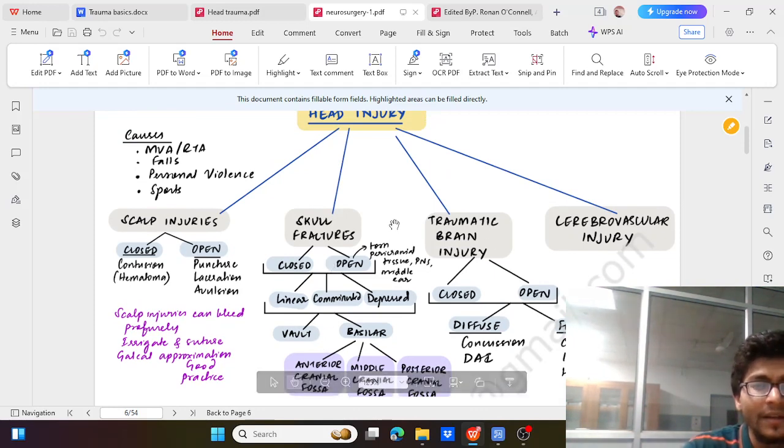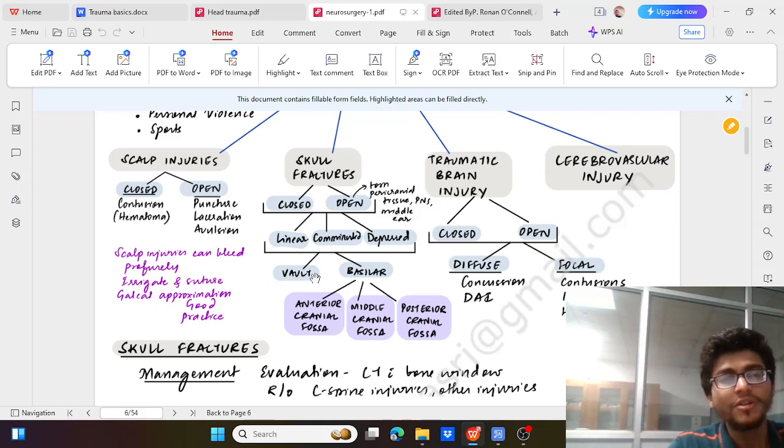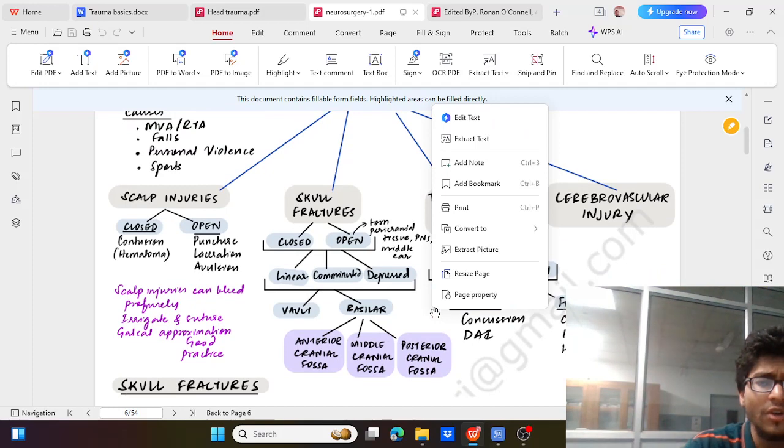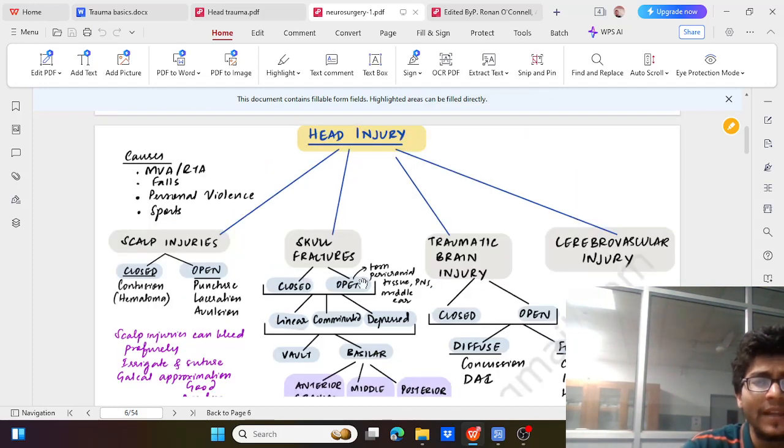So vault is the upper part and basilar is the base of the skull. In the base of skull we have three parts: the anterior cranial fossa, middle cranial fossa and posterior cranial fossa. Depending on the injury and impact, it will be divided into these. So this is all about skull fracture.